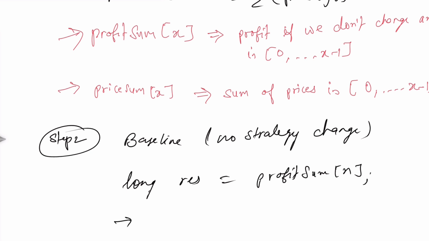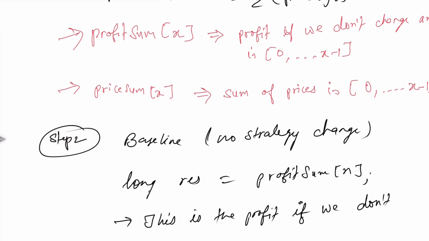We'll explain how to do that. So this is the resultant profit if we don't modify any window.